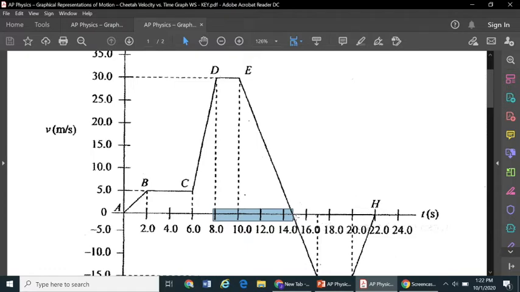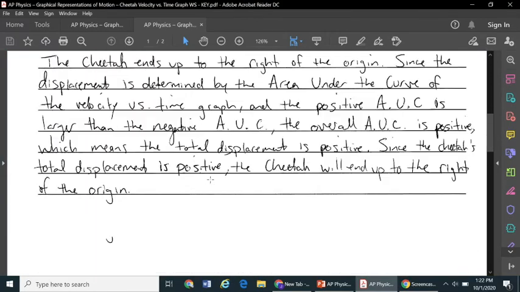So it goes from 8 to 15. And so that's 7 seconds long. The top base goes from 8 to 10, and so that would be 2. So the bottom base is 7, the top base is 2, and the height would be the full 30 meters per second.